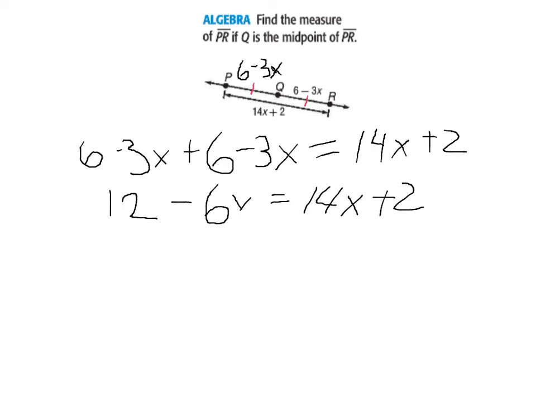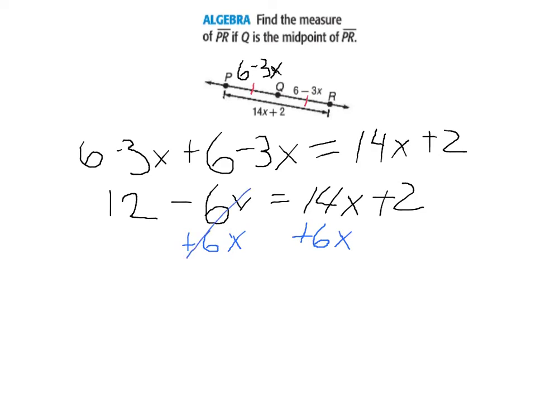Now I'll start doing inverse operations to get my answer. So first, I want to add 6x to both sides. Again, getting all my x's on, this time, the right side. Again, I wouldn't want to subtract 14x from both sides because that's going to give me a negative number, and I want to try to avoid that.